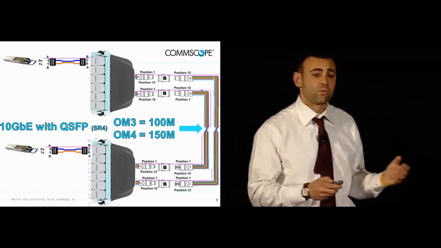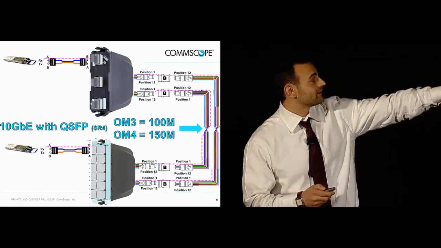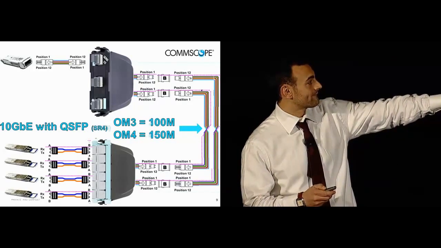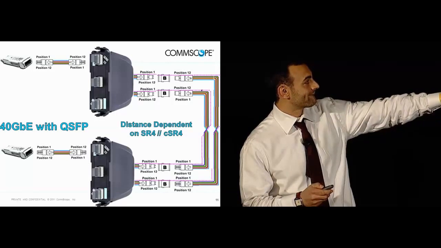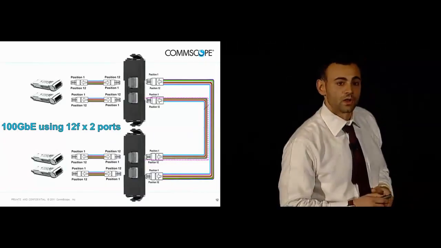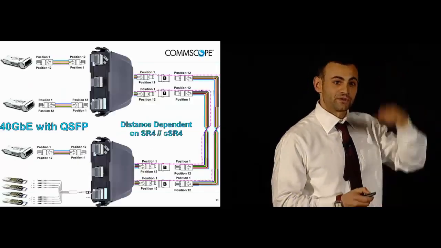So your question was, why don't we maintain this versus moving to something like this or something like this? So that's correct. So you want to use 100% of your fiber.